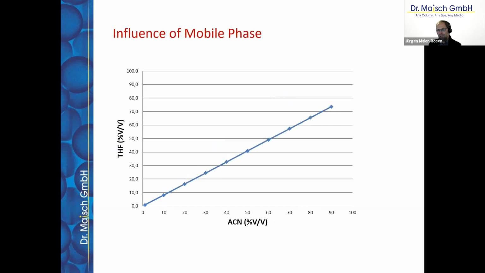And looking at THF, about 100% of acetonitrile is approximately 82% of THF. So methanol is the solvent with the lowest elution power, then comes acetonitrile, and THF is the strongest.